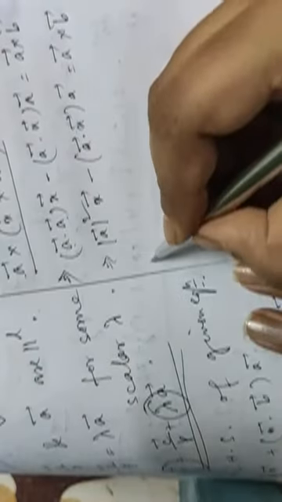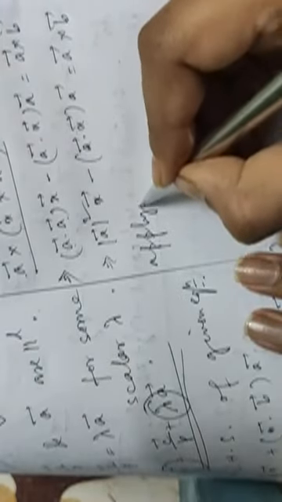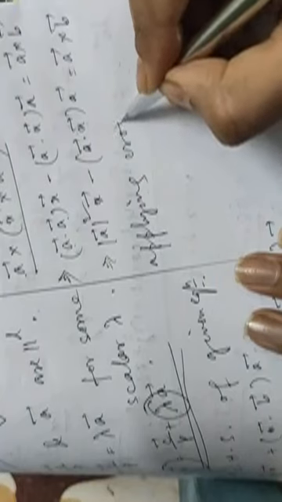Now again we are applying cross product from the right by a cap. Now if you check this term here, then it is easily clear that if we apply cross product from the right hand side, then we will get a cross a, which will ultimately be 0. So one term will vanish from there.